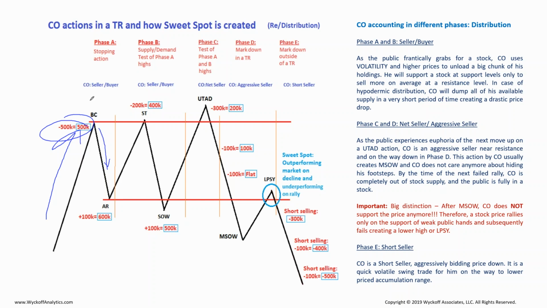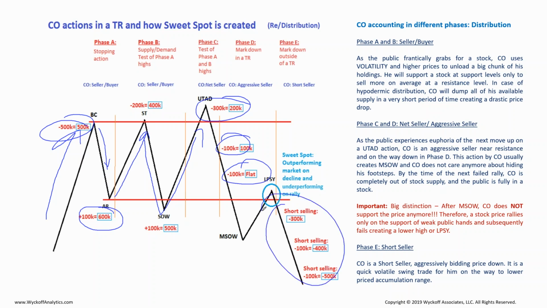In some cases, as they sell, they're going to buy just a small position back, just for the price to stabilize and to push the price closer to the previous resistance. That action is going to repeat itself until the CO finds the opportunity to sell the majority of its supply and maybe even establish some positions to the downside, maybe short selling.